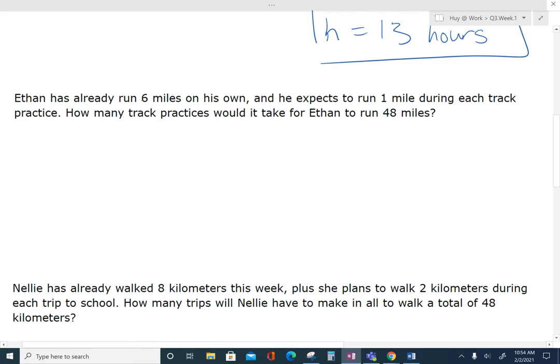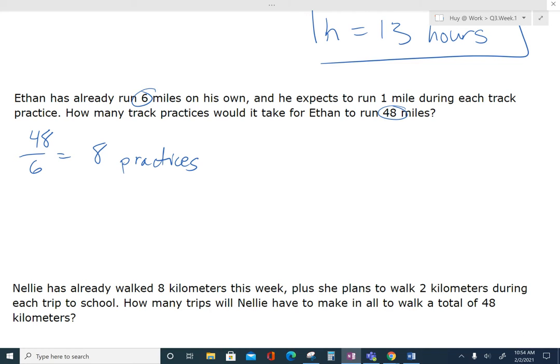So he can run 6 miles. Wait, 48. I see 48 here, I see 6 there. I know 48 divided by 6 equals 8. 8 practices, right? I'm sort of using the numbers and doing things with them, which is what I think students do if they're doing this in their head.